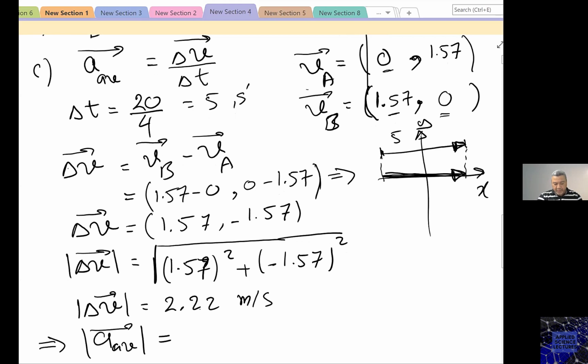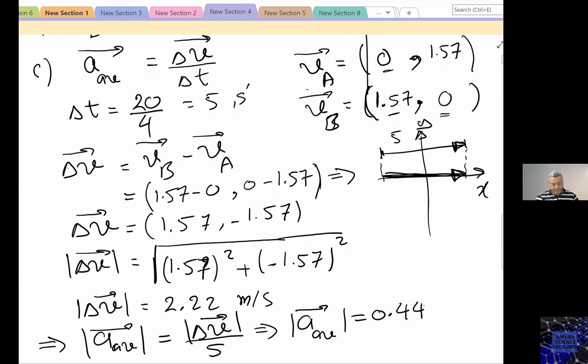If I now look for the magnitude, then this is going to be magnitude divided by 5, which means that the magnitude for the average acceleration is 0.44 meter per second squared.